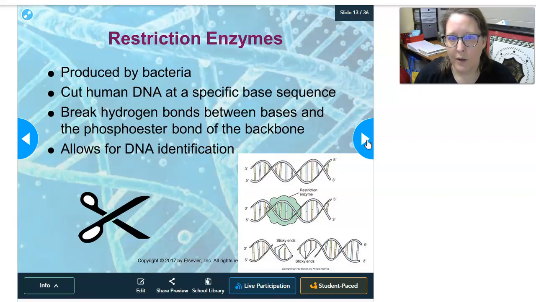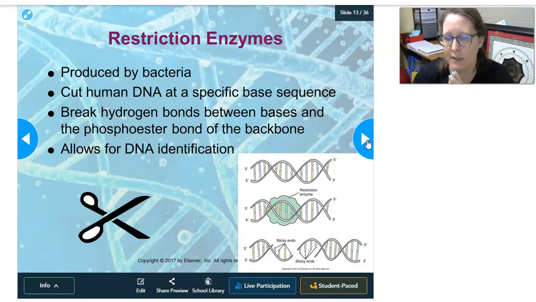Each restriction enzyme recognizes a specific sequence of bases. It's usually a palindrome, meaning it can be read forward or backwards and it reads the same way. It recognizes it and cuts right there. When it cuts, it breaks the hydrogen bonds between the bases and the phosphoester bond of the backbone, so it completely cuts the molecule.